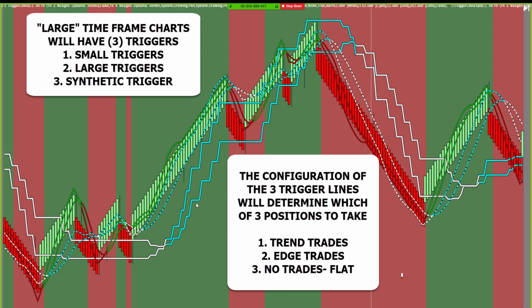And what we teach, and we do this every day in a live class, is we talk about 2 things over and over: Fibonacci areas and trigger line configurations. And we have 3 different trigger line configurations that we use, and they will determine 2 trades that you'll take or 1 that you won't.